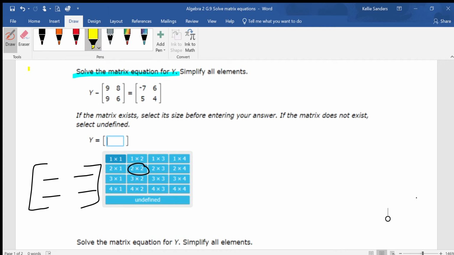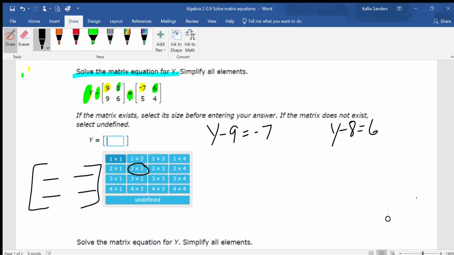Now, we have a y, we have minus 9 equals negative 7. I'm going to write that out. Y minus 9 equals negative 7. I'm going to change colors. Y minus 8 equals 6.